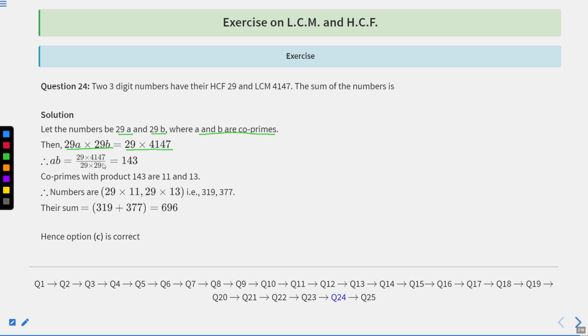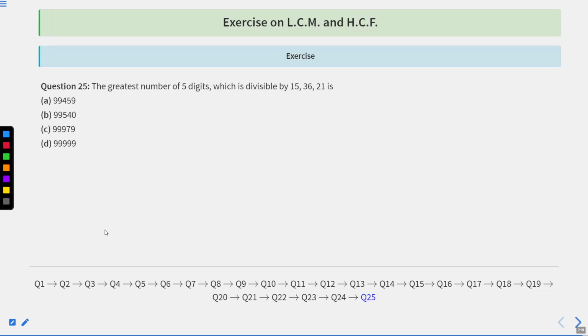So AB is equal to 4147 divided by 29, that is 143. The co-primes with product 143 are 11 and 13. Therefore, the numbers are 29 into 11 and 29 into 13, that is 319 and 377. So their sum is going to be 696. So the correct option here is option C.